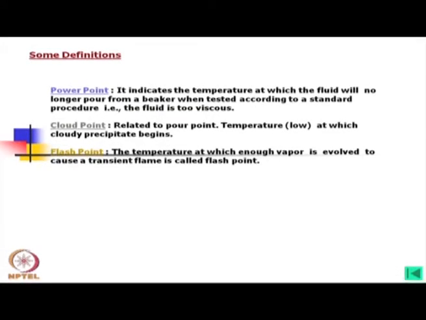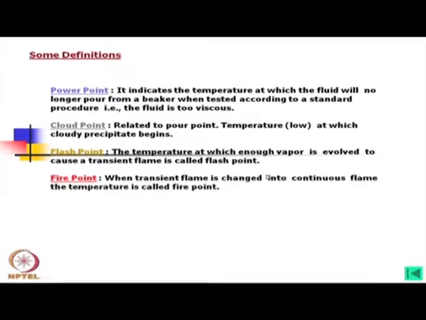That is called the flash point. If you put more heat on that, we will reach the fire point. When the transient flame changes into a continuous flame, the temperature is called the fire point.